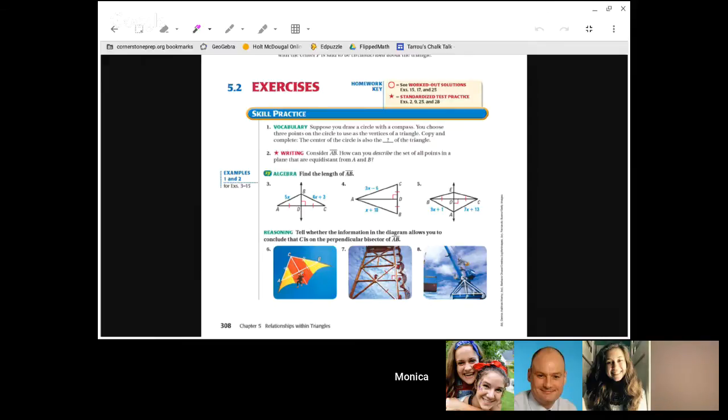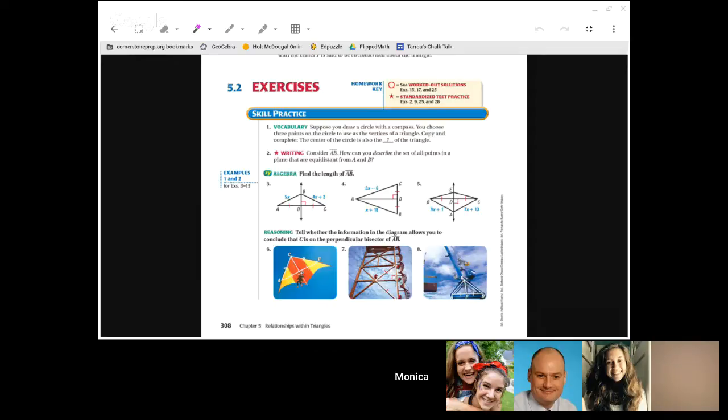So when we look at C, what do we know about that point compared to its distance from the endpoints of the segment AB? It's congruent. So now go look at your theorem 5.2 and see, does that match?